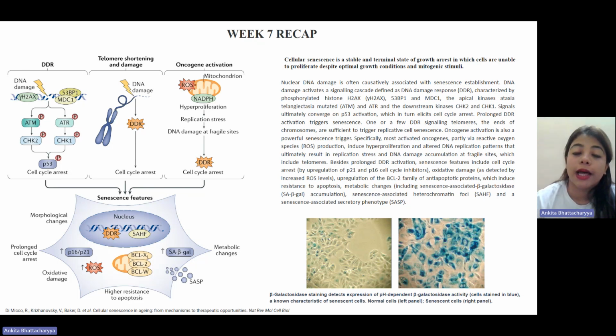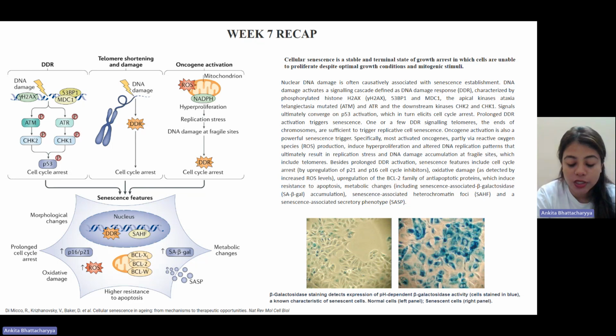So coming back to the legend here, we are seeing that phosphorylated gamma H2AX, 53BP1 and MDC1 are the typical markers, along with the apical kinases, ataxia telangiectasia mutated ATM and ATR, and the downstream kinases Chk1 and Chk2.